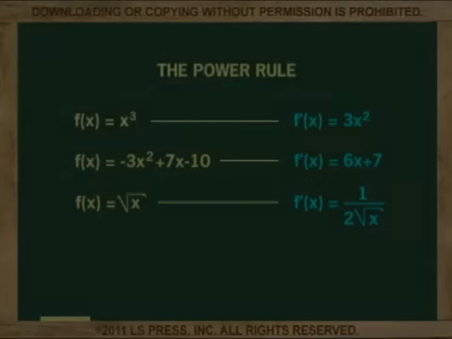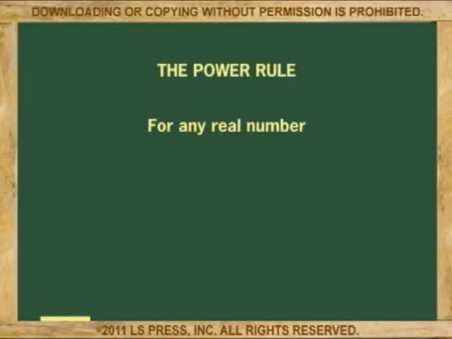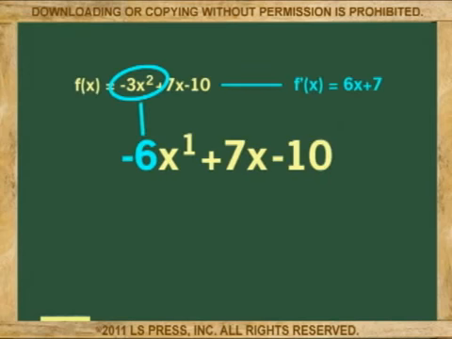It is called the power rule. Specifically, the power rule says that for any real number n in an exponent, the derivative is nx to the n minus 1. The exponent is reduced by 1, and the new coefficient of x is the product of n and the original coefficient of x.